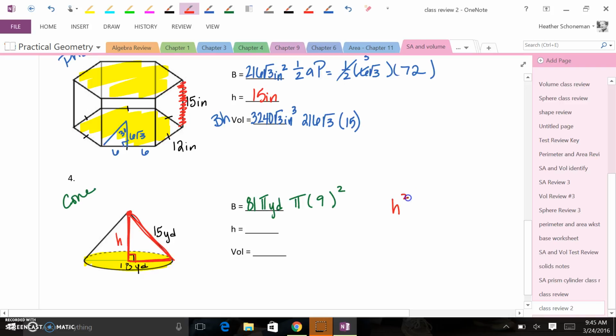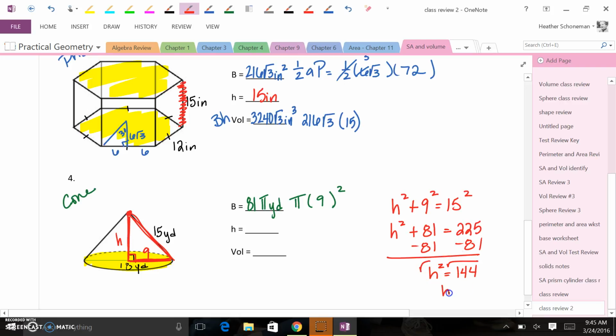So I'm going to do the height squared plus, now I need this bottom segment of my triangle, which I know is the radius, which is 9 squared equals 15 squared. 9 squared is 81. 15 squared is 225. So to solve, I'll subtract 81. So the height squared equals 144. So I'll take the square root, making the height 12 yards.